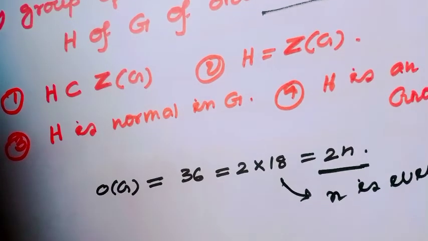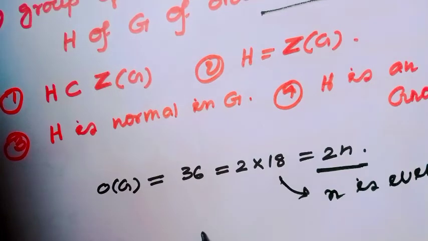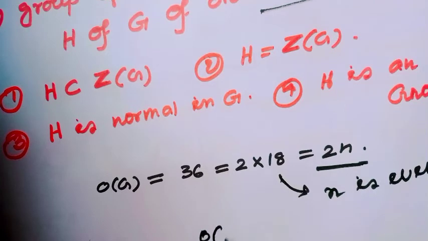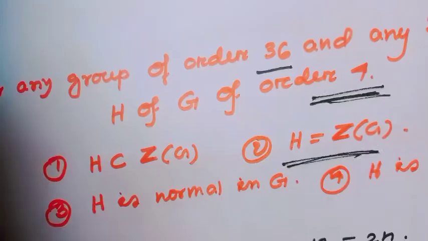So since this group is a 2n type group, we can easily say G is isomorphic to D18. Here it has indicated the center.